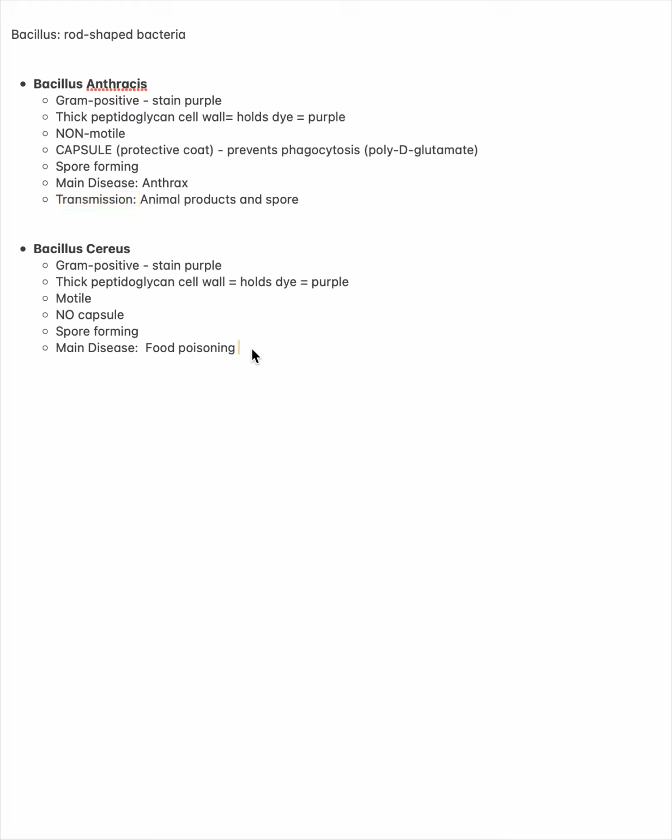And then Bacillus cereus, when I think of it, automatically I'm thinking food, especially reheated rice. So what else?